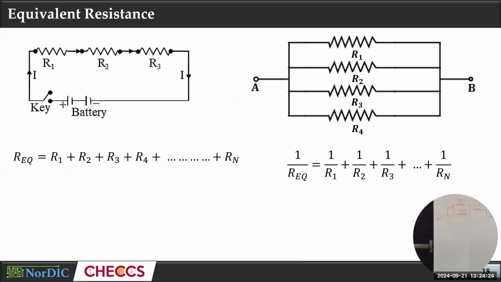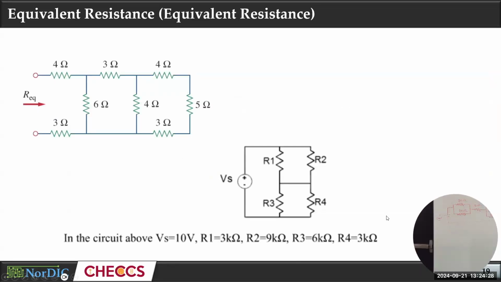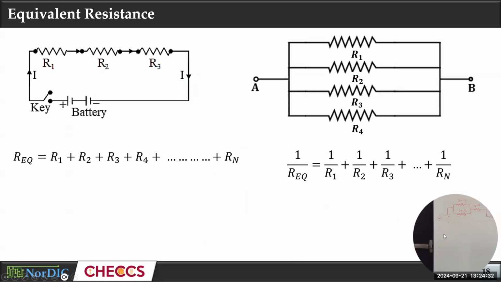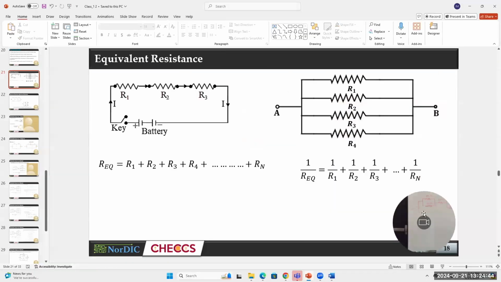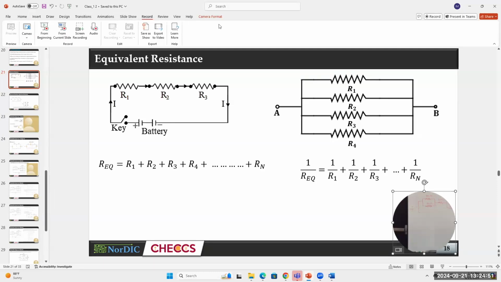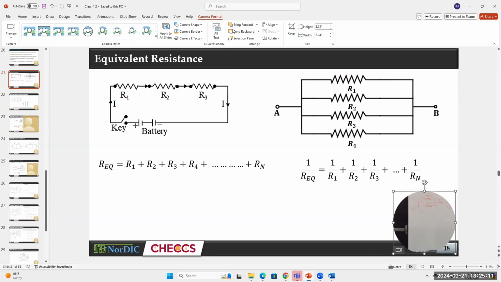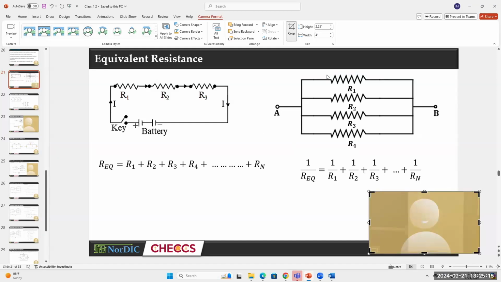Okay, I can see the voltage. It was 100 volts, but I think it's fine.